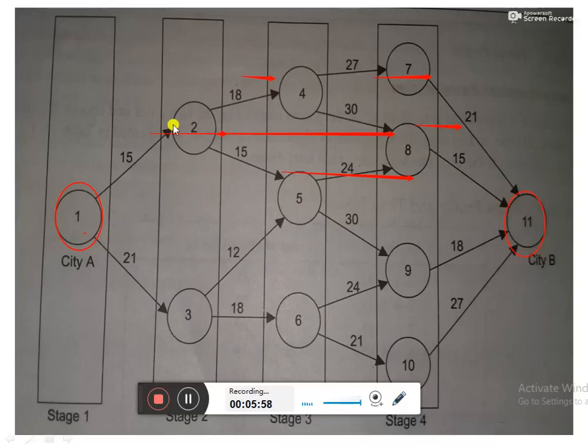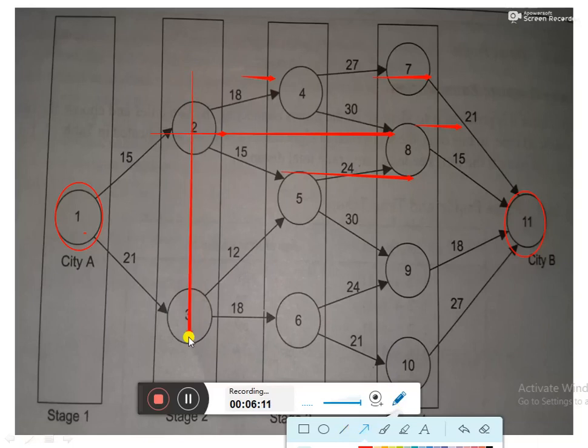During his travel, the traveler has to take 3 breaks: at this stage, again at this stage, and again at this stage.